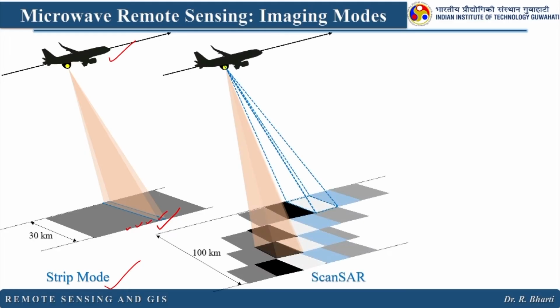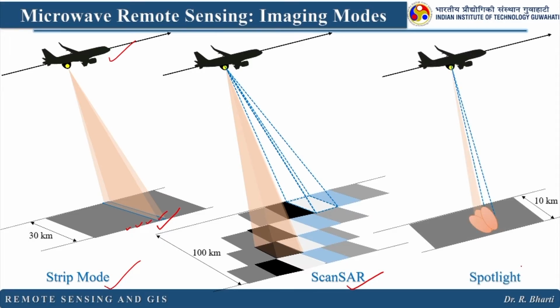In the next one, ScanSAR, you acquire the images in frames and the frames are used together to generate the image, right. In the third one, you have spotlight, and again this will be generated like this. One object will be seen from 2 or 3 different positions and then you will generate these complex images.